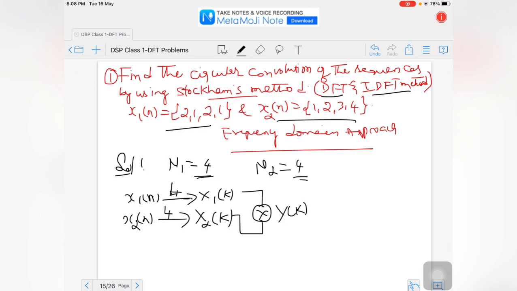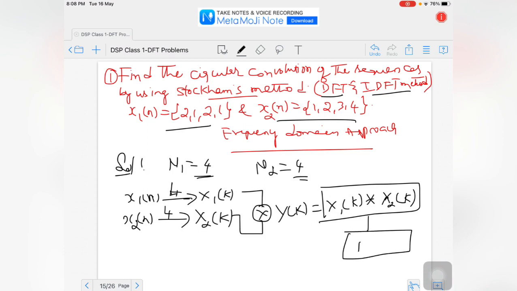Y of k is equal to x1 of k into x2 of k. For y of k, you take the IDFT and you will get y of n.